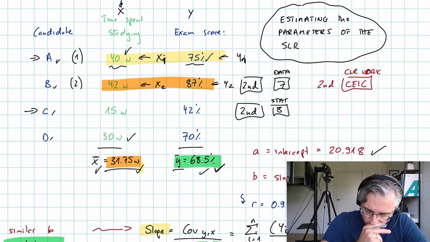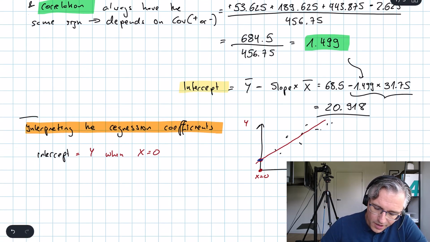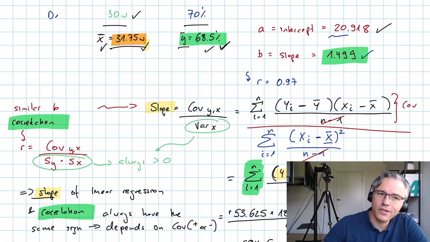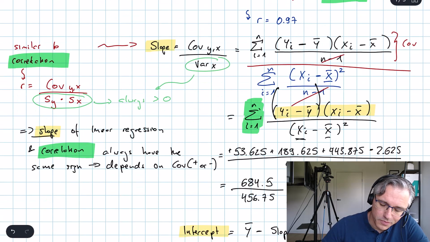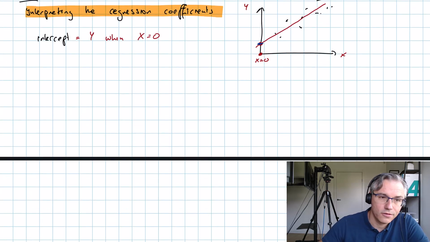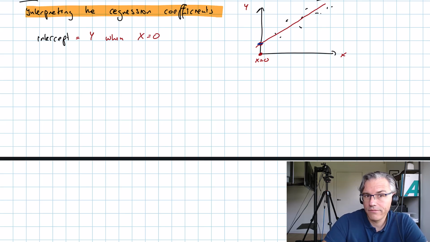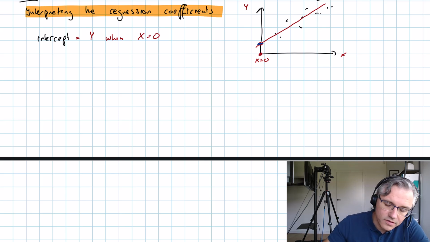A result that is non-zero. So the intercept, which in our case came in at 20.9%, would be the result of a candidate who hadn't studied anything, and that is absolutely realistic, right? That this could happen.